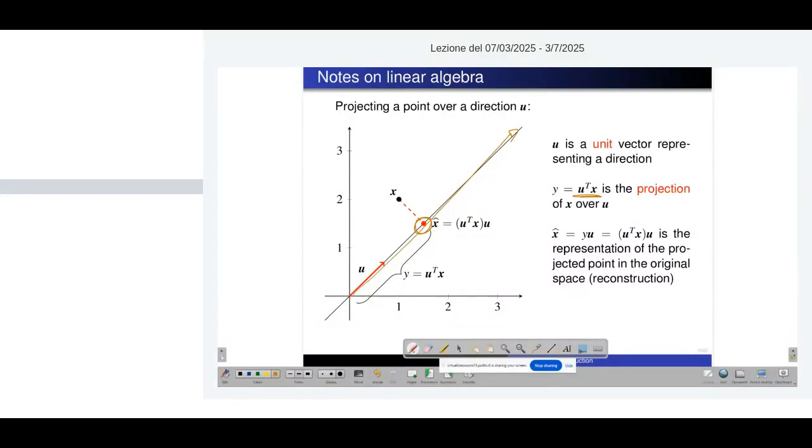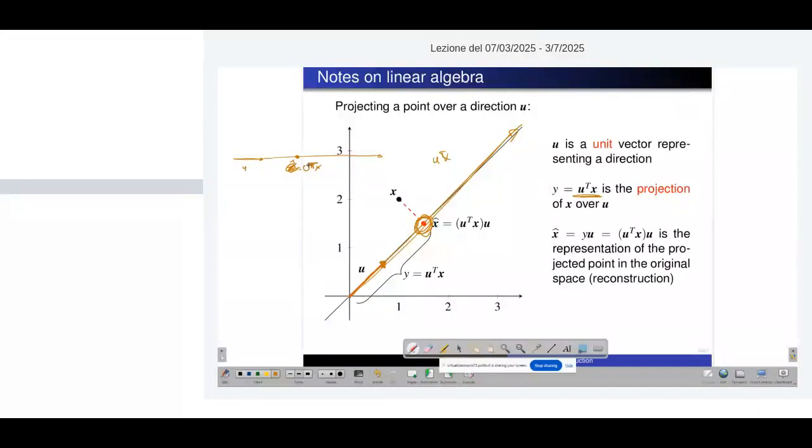If you imagine a coordinate system where one axis is defined by u, then u transpose x corresponds to the coordinate of the projection over this new axis. So if I take this plot and redraw u as an axis, u transpose x would be the coordinate of my projection over this axis.